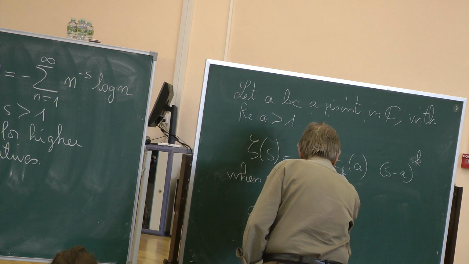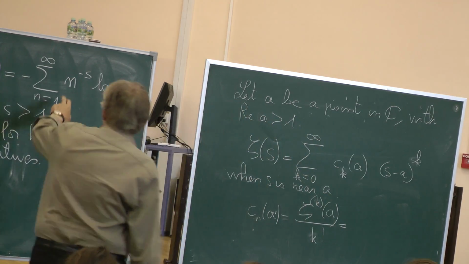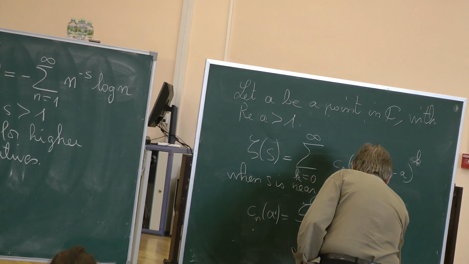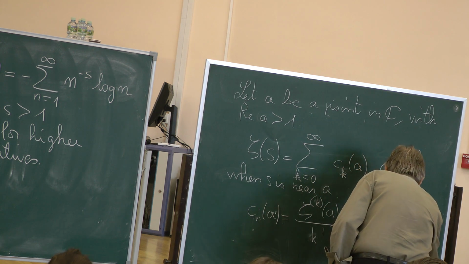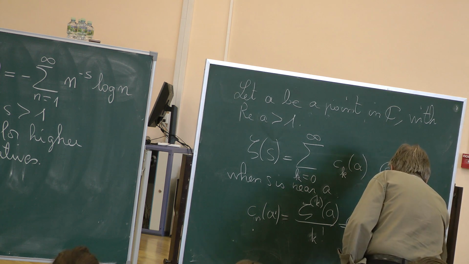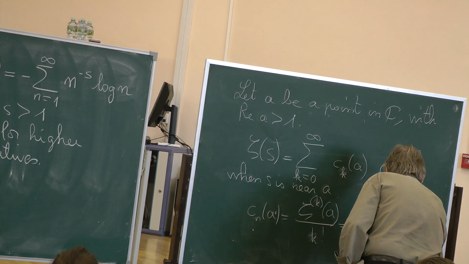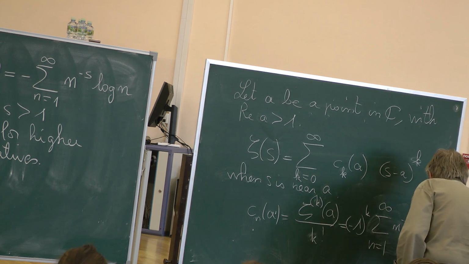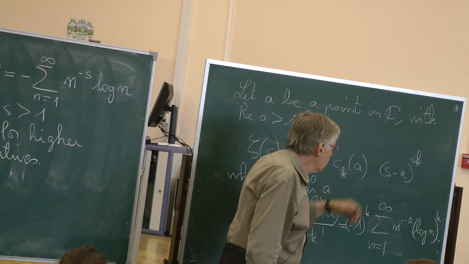So when I take the kth derivative, it will be minus 1 to the power k, the sum for n going from 1 to infinity of n to the minus a times log n to the power k. And therefore I have an explicit formula for these coefficients.